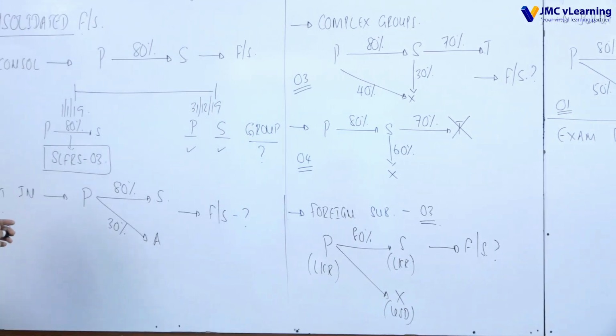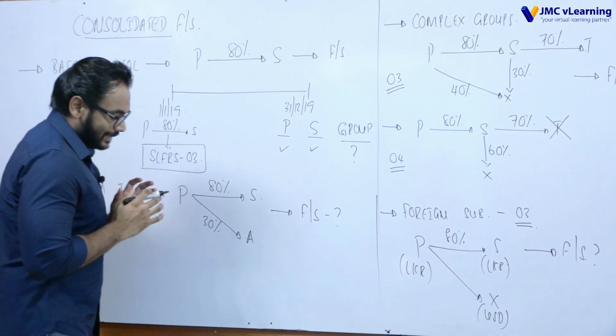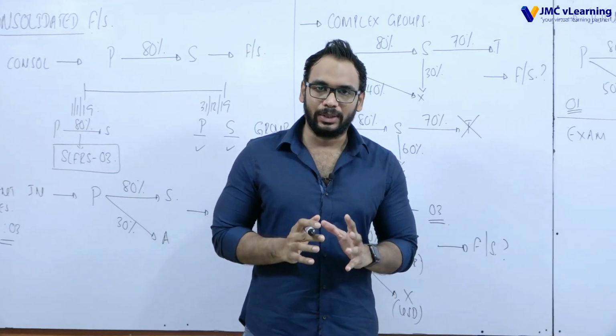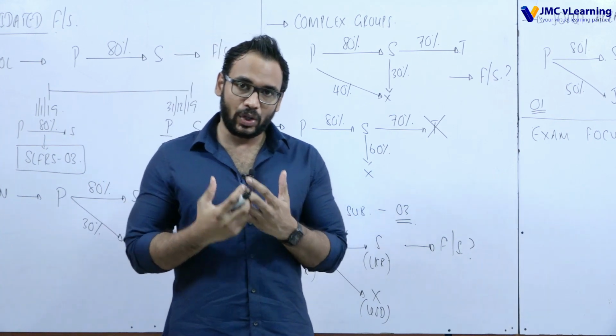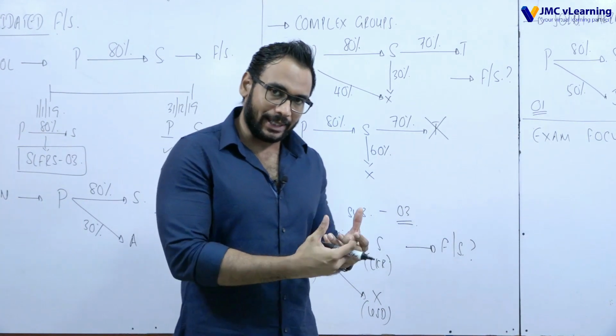Right. Now, at the strategic level, what the examiner is looking for in a student is the ability to apply the knowledge the student has on consolidated financials to a case study.